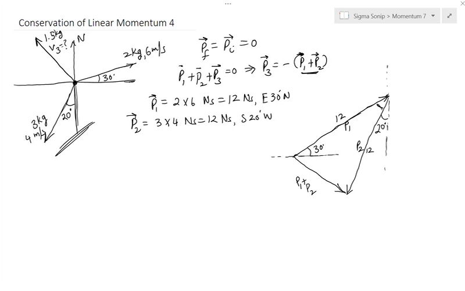Let me draw this north-south line here. Because this angle is 30, that angle will have to be 60. Now this north-south line and this north-south line, they are parallel, and because this angle is 60, then the total angle here has to be 60 as well.